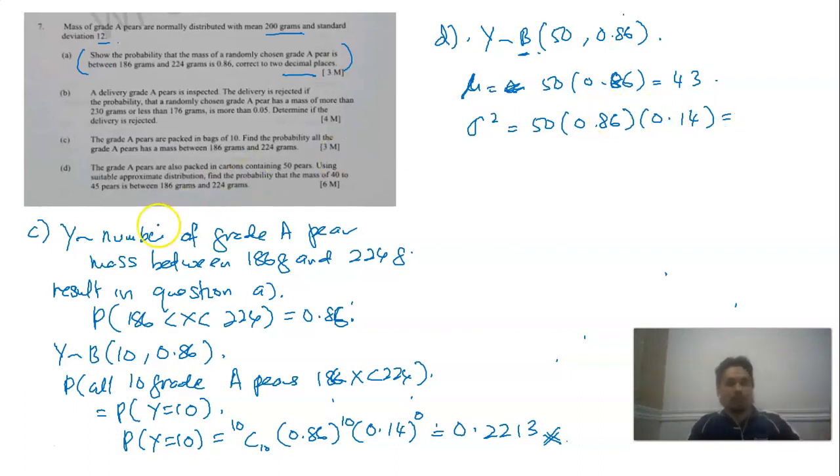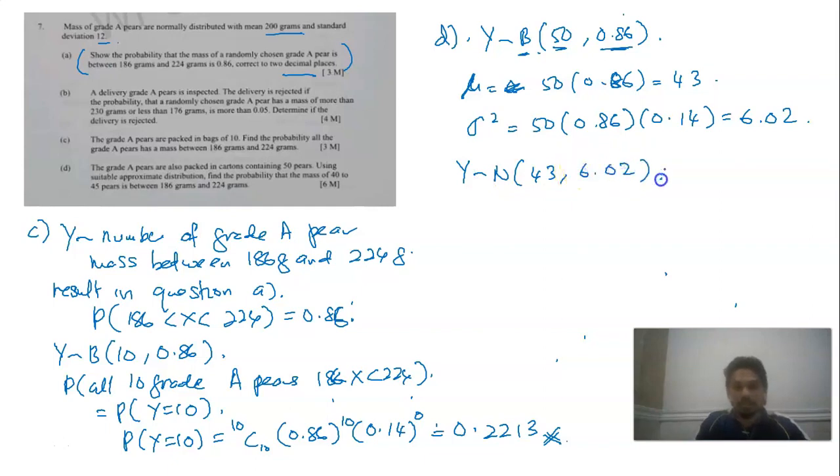Meaning, for the solution of C just now, we transformed from the normal into the binomial, and for this question we transform back to the normal, where the variance is n times p times q, and this gives you 6.02. So Y is normally distributed with a mean of 43 and a variance of 6.02.